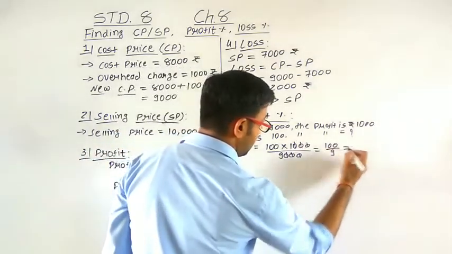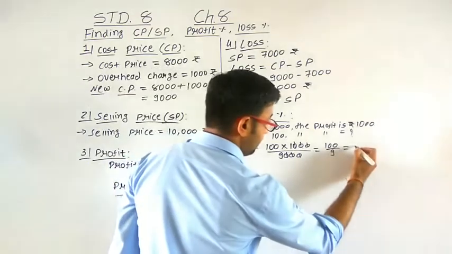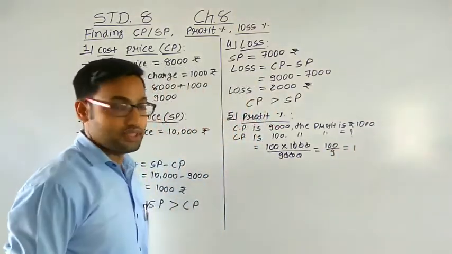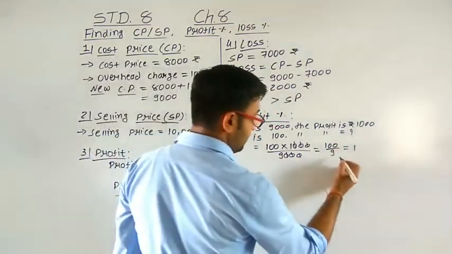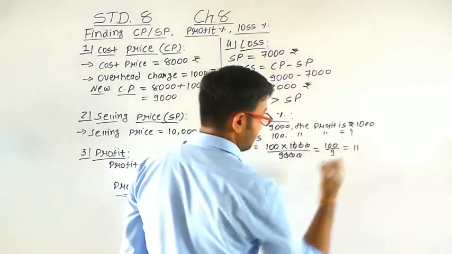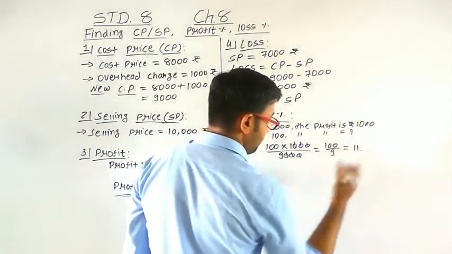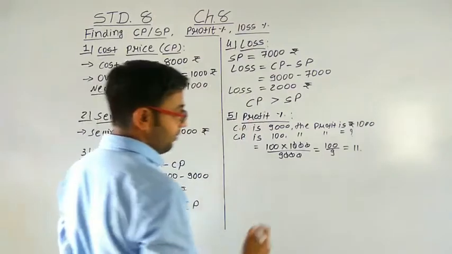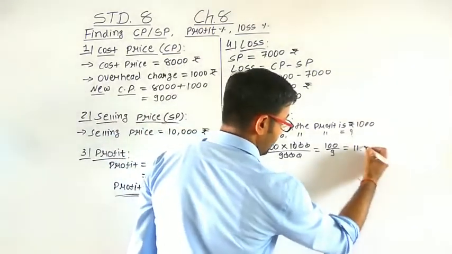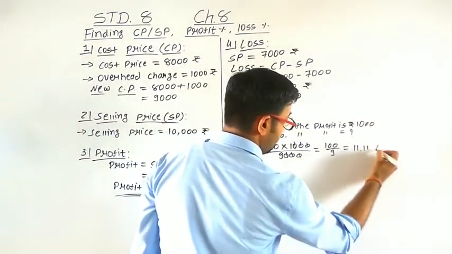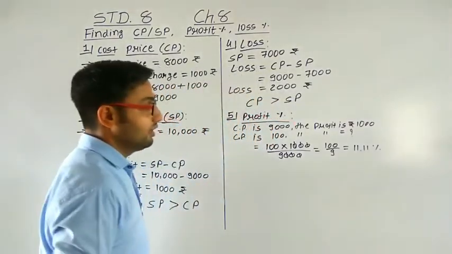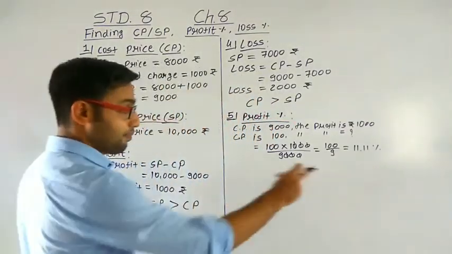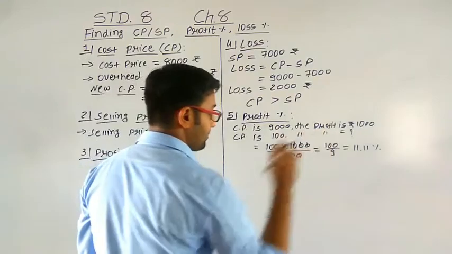When we calculate, what do we get? 9 ones are 9. What is the remainder? Again, 9 ones are 9. Now we have to put the decimal point here. Again 1, so we get 11.11%, and that percent is called the profit percentage.